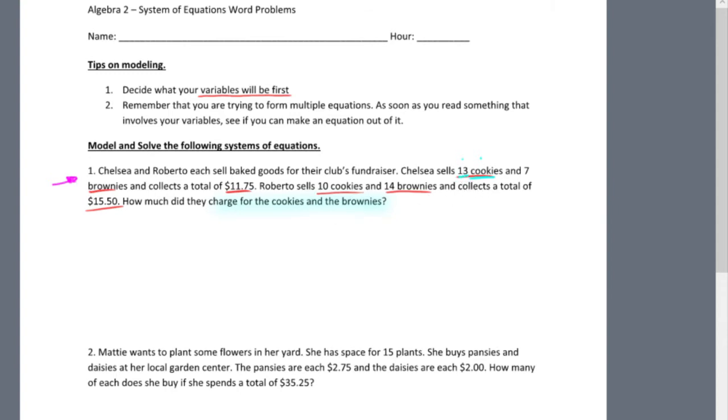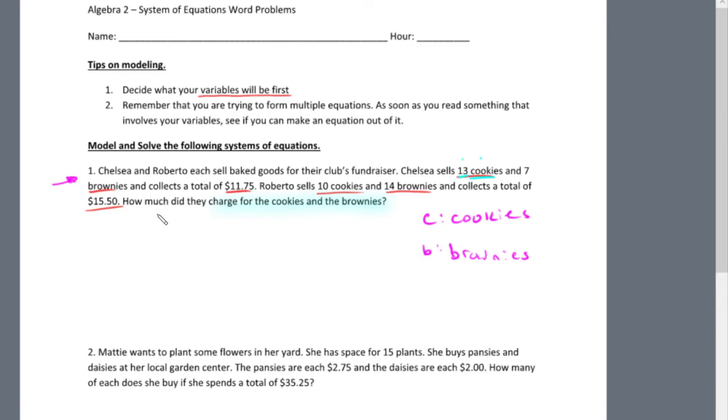So first things first, decide what your variables will be. I want to let C be cookies, and B be brownies. This is really important. If you don't let me know what your variables represent, you are not solving the problem in the context of the actual words.